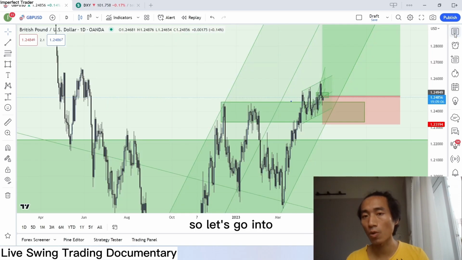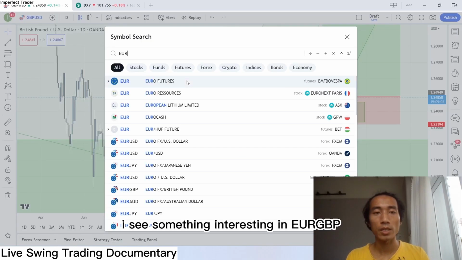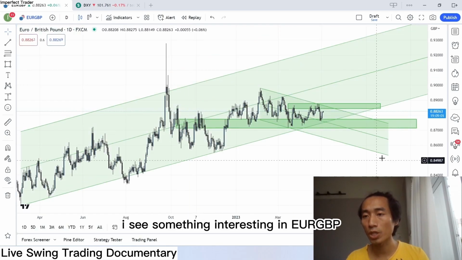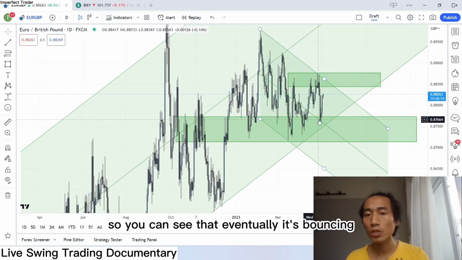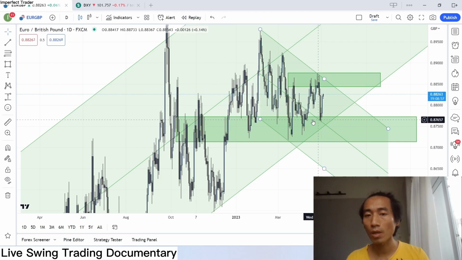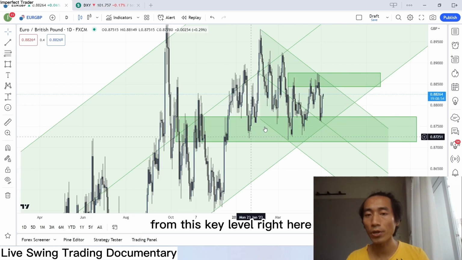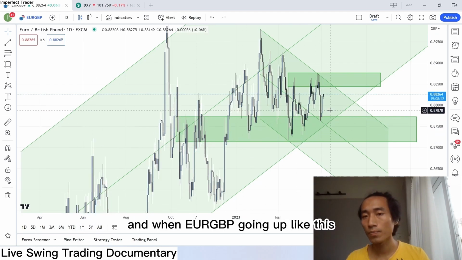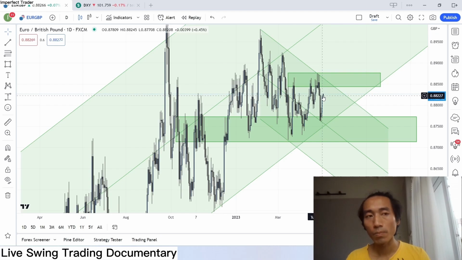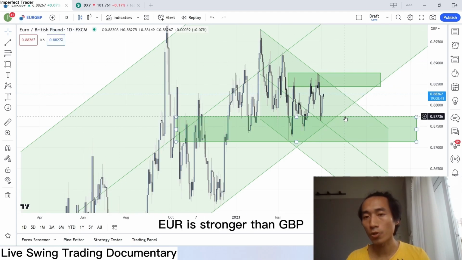So let's go into this. I see something interesting in EUR/GBP. You can see that it's eventually bouncing from this key level right here, and when Euro against British pound goes up like this, it means that Euro is stronger than British pound.